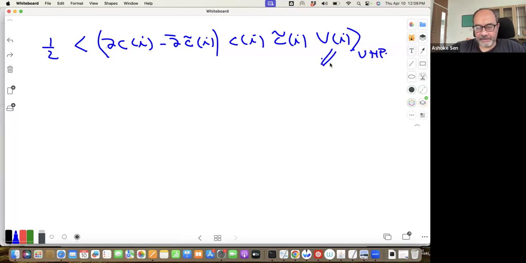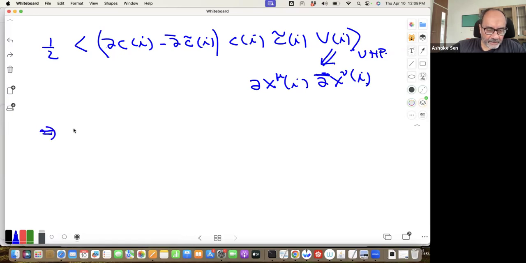Now let's suppose that V is the graviton vertex operator, so del X mu of i del bar X mu of i. Graviton or dilaton, and we are looking at zero momentum. In fact, zero momentum doesn't matter, because if the momentum is transverse to the brane, it doesn't really matter. It's only the momentum tangential to the brane which you have to put equal to 0 because of this delta function.